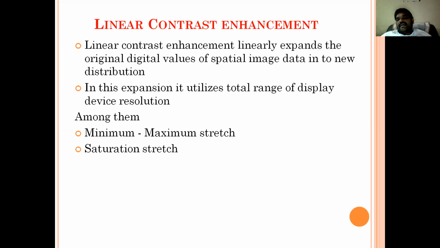One is linear contrast enhancement, the other one is non-linear contrast enhancement. In these two cases, what we are trying to do is to make the image more clear, in order to retrieve the information of the image of the target.